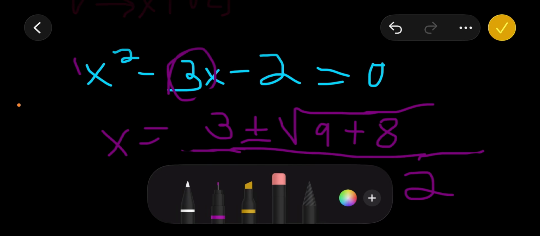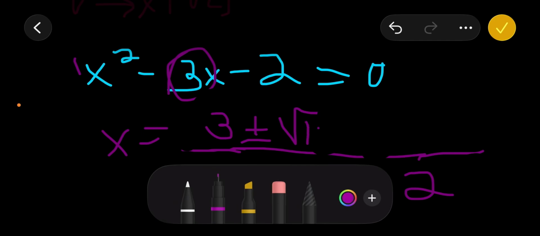Well, the square root of 9 plus 8 is just the square root of 17. So we have 3 plus or minus the square root of 17 divided by 2. Plus or minus means we have two equations, one with a plus and one with a minus.